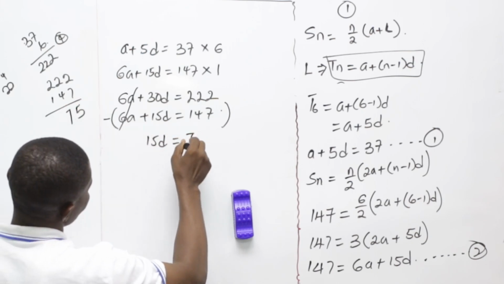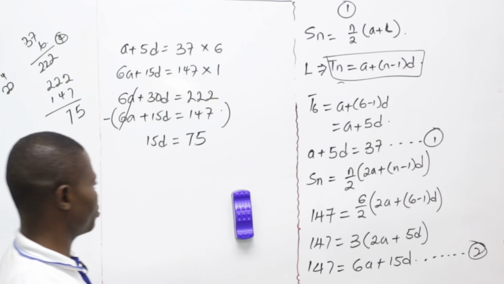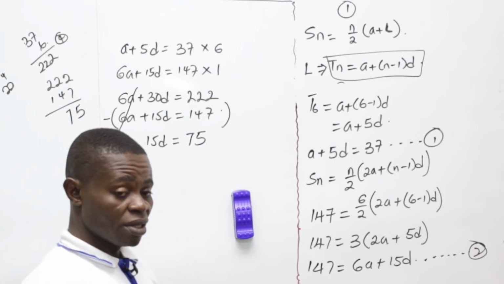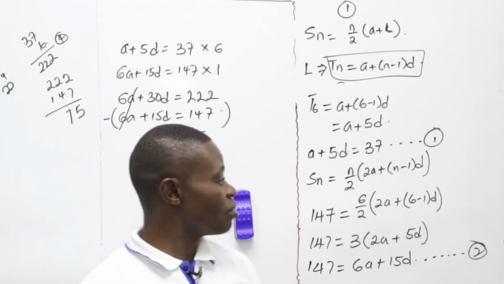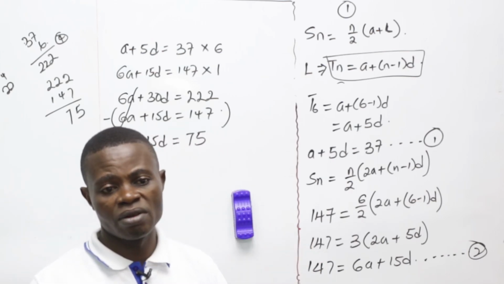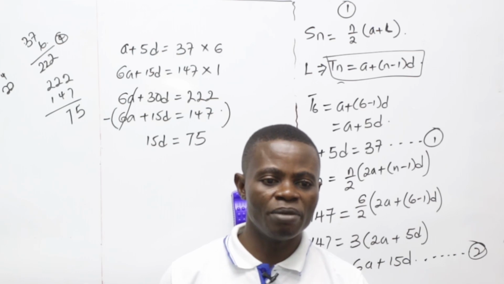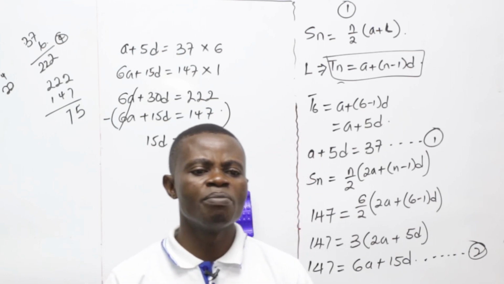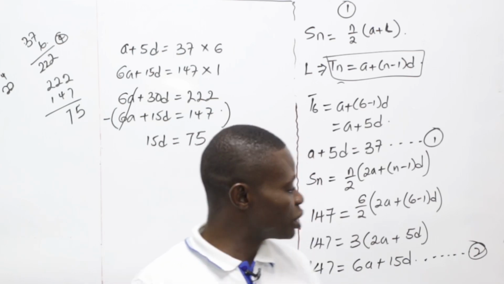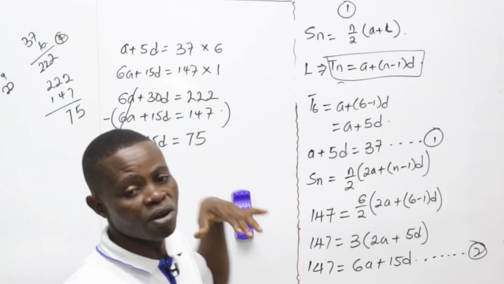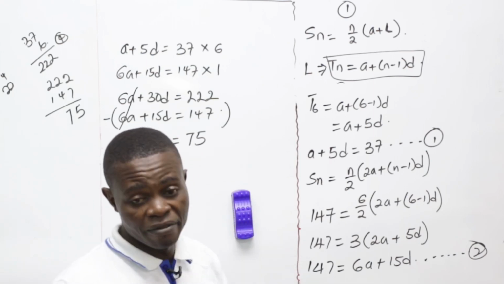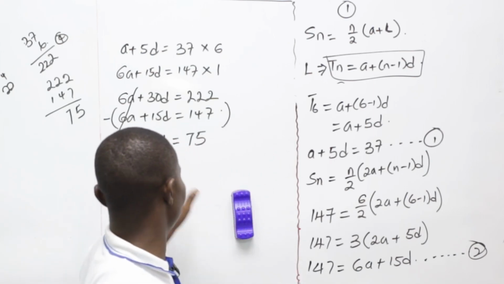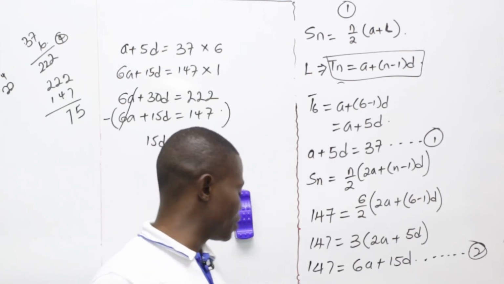Some of you go with the idea of dividing both sides by the coefficient of whatever you're looking for. Another method is multiplying both sides by the multiplicative inverse of the coefficient of the unknown. What is the multiplicative inverse of 15? It is 1 over 15.